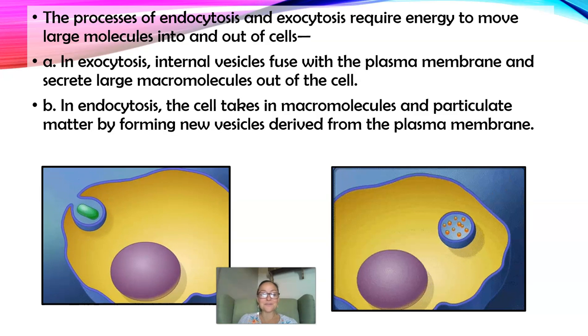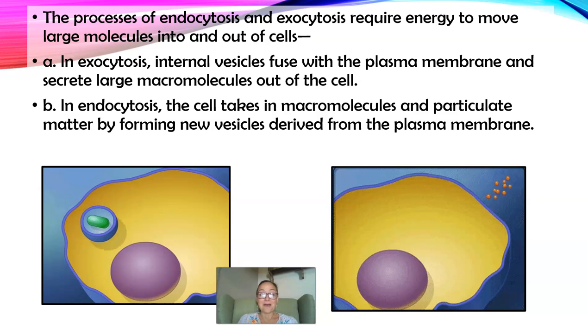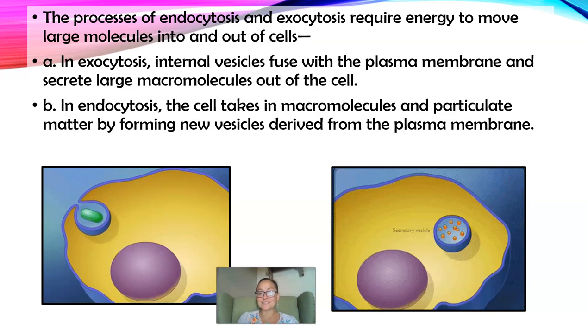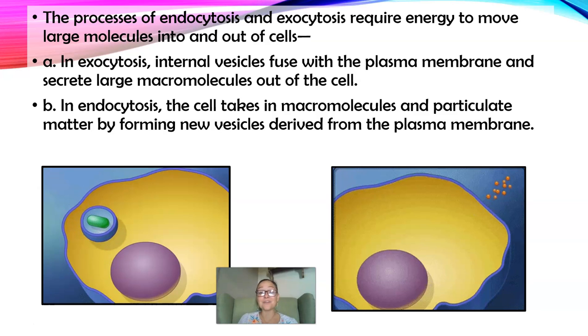And now that vesicle is a membrane-bound vesicle. That whole purple area is lipid bilayer. Then on the right, you can see how exocytosis can be used to send large molecules out of our cell. This is important in the endomembrane system, where we send freshly made proteins out of the cell.